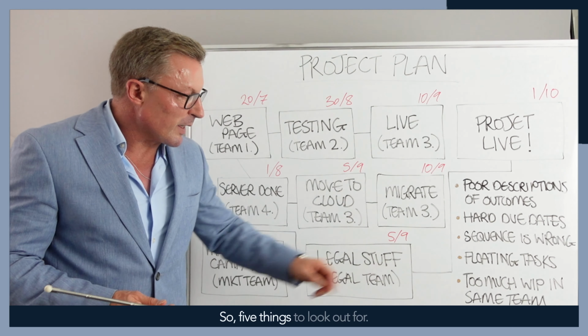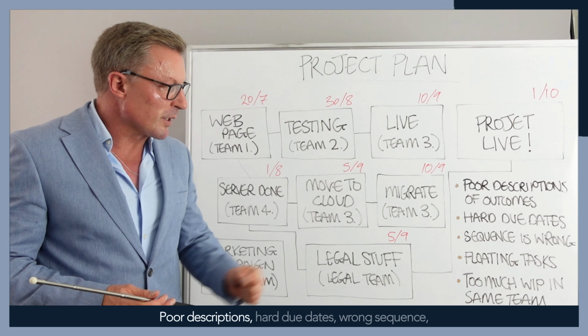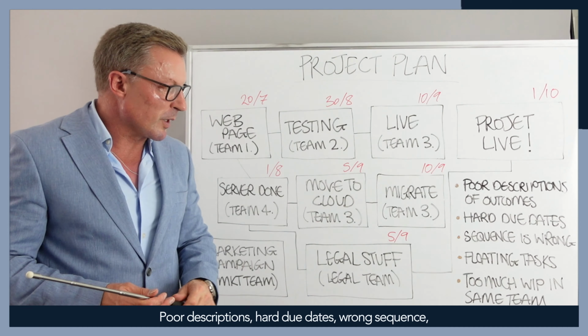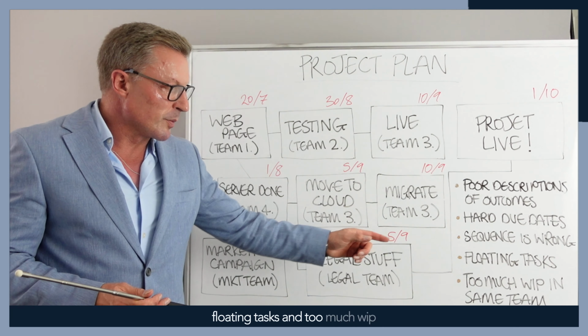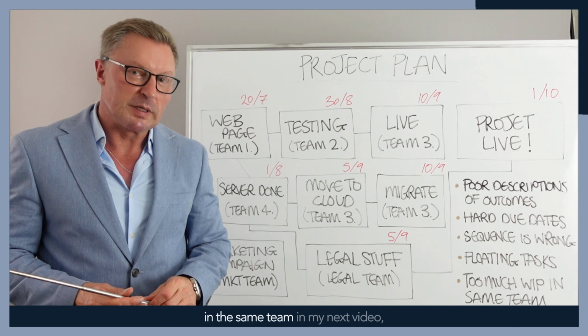So 5 things to look out for: poor descriptions, hard due dates, wrong sequence, floating tasks, and too much WIP in the same team.